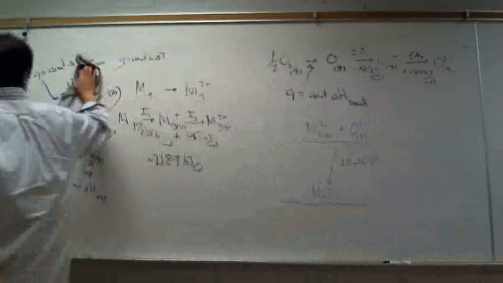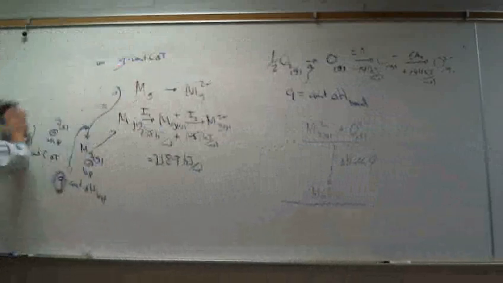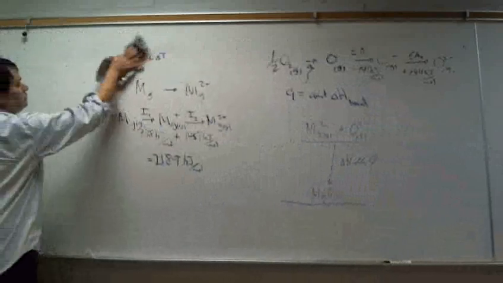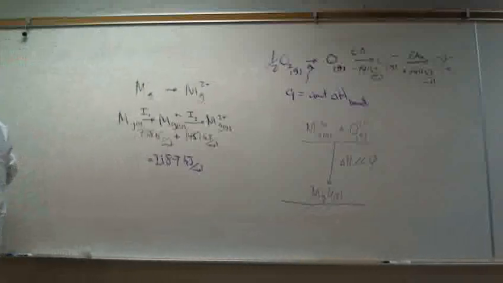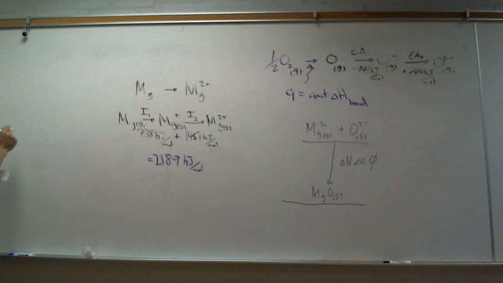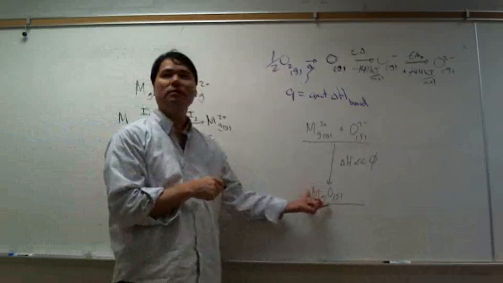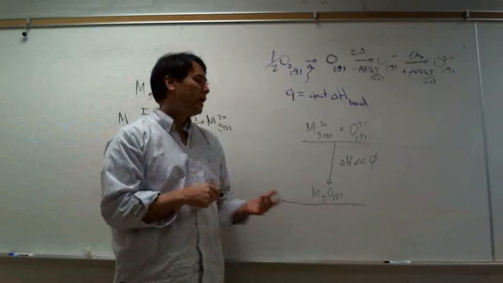Well, let's take a look at the structure for magnesium oxide over here. Magnesium oxide, what kind of compound is this? Would you say it's an ionic compound, a molecular compound? Ionic compound.